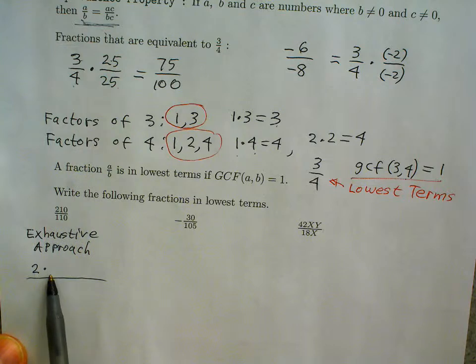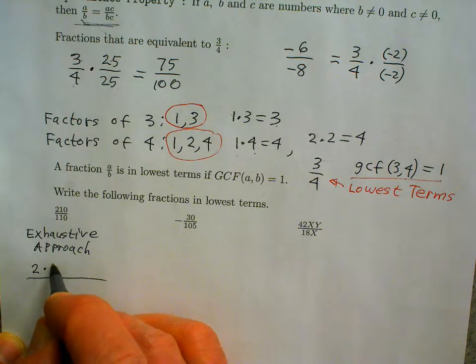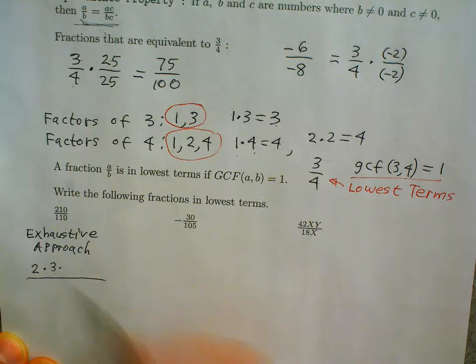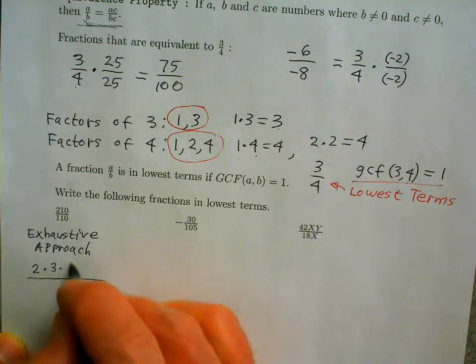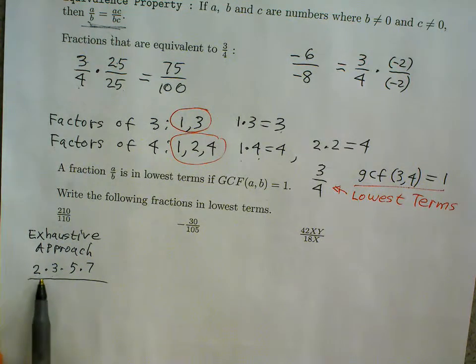And then when we consider 105, 3 is a factor of 105. Three times 35 is 105. So now we're just left with 35, and 5 times 7 is 35. So in this numerator, we have the prime factorization of 210.